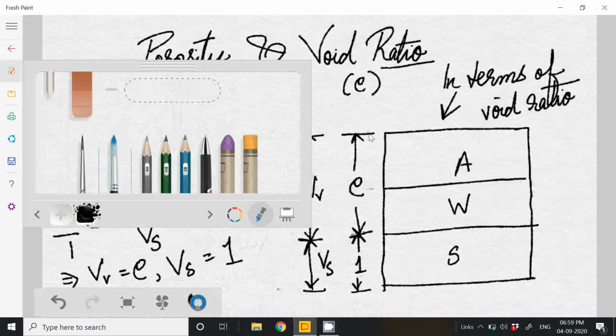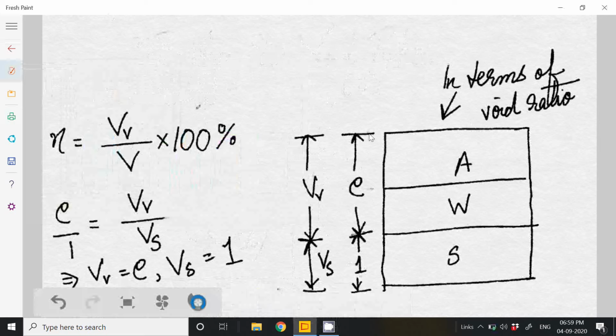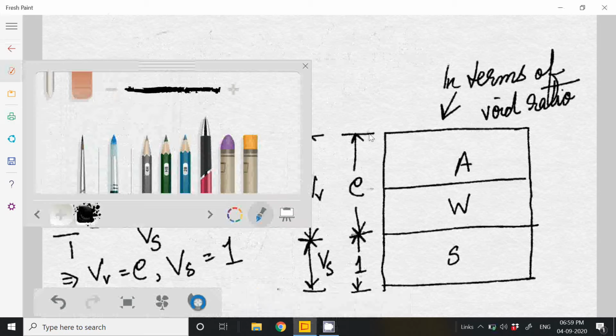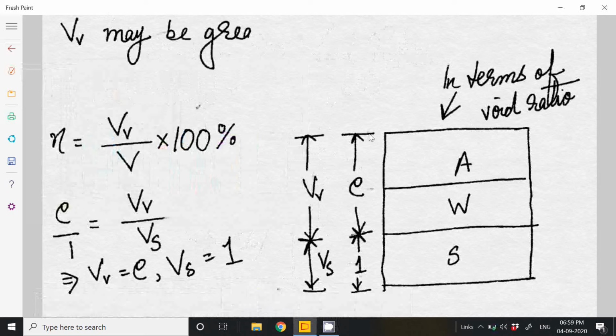So I'll write it down. So volume of voids may be greater than volume of solids.